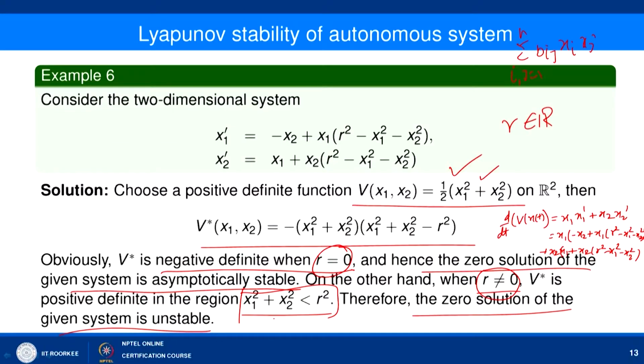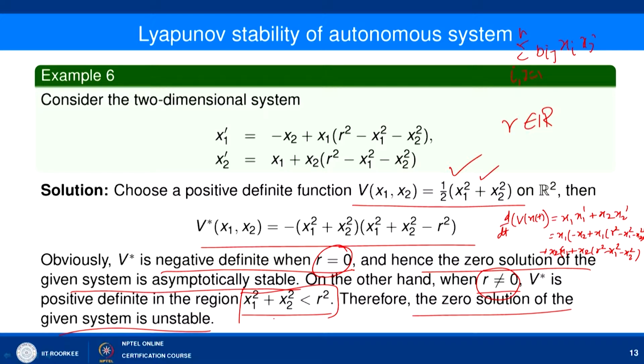So, if r equal to 0, we simply say that the 0 solution is asymptotically stable, and if you look at the region x1 square plus x2 square less than r square, then we simply say that the 0 solution is unstable.